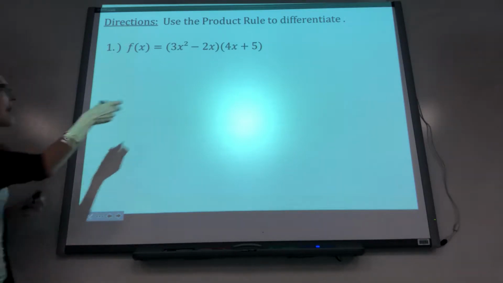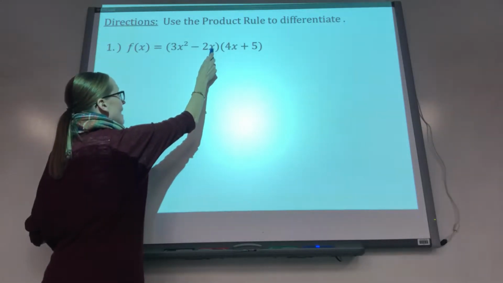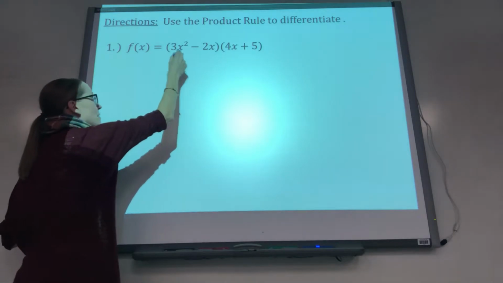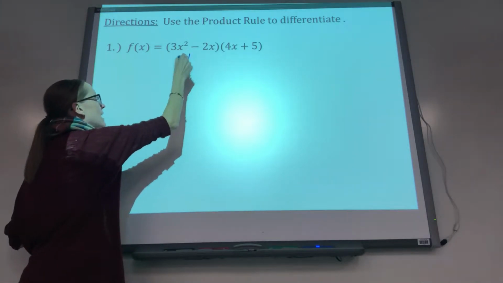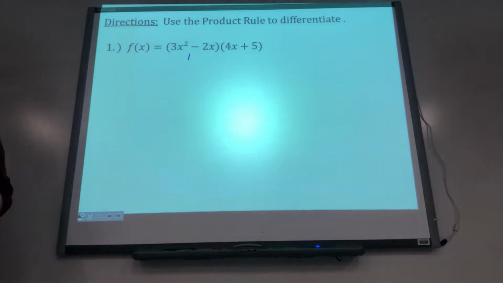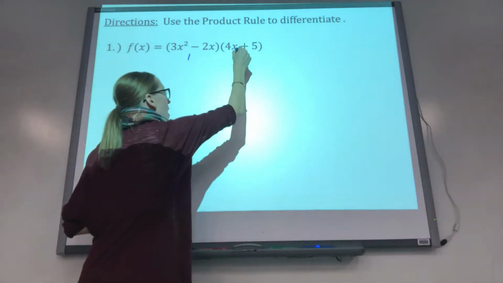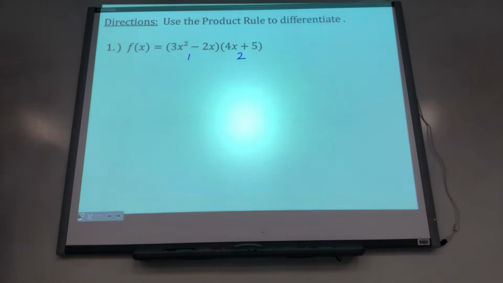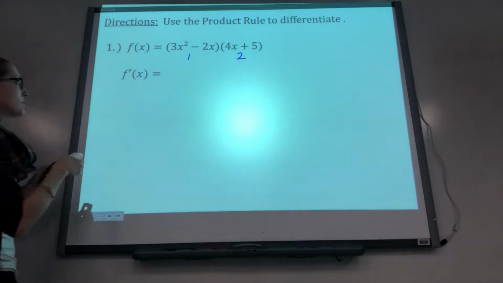Look at what you have: something with x times something with x. I'm going to call this first part the 1, and the second part with x will be our 2. 1 d2 plus 2 d1.